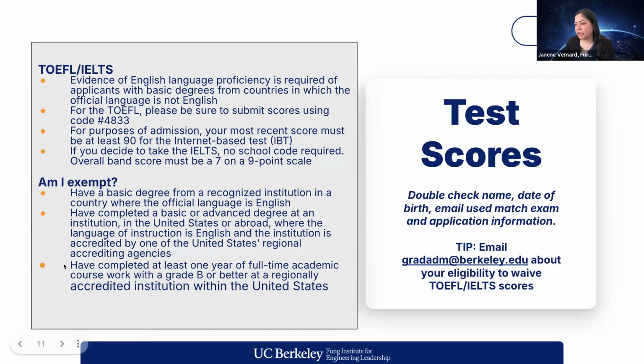Or if you have completed work for at least 1 year of full-time academic coursework with a grade of B or better at a regionally accredited institution within the United States. So again, that master's program or something like that.